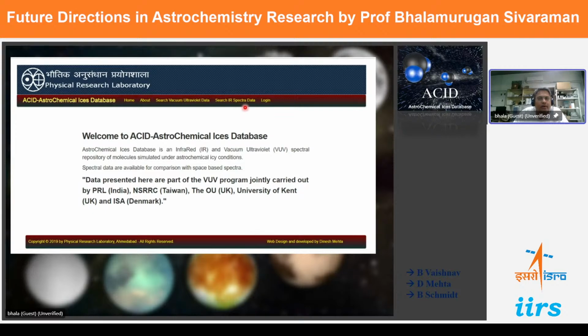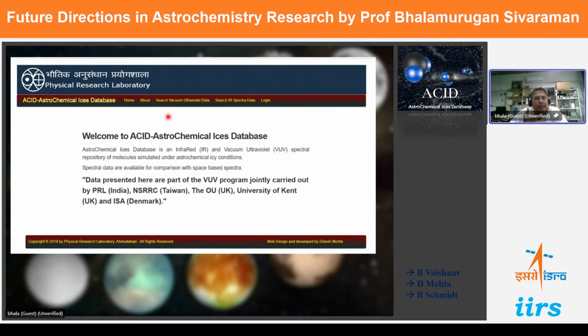Search for it and search for spectral data. You don't need to log in. Login is only for the data provider, not for those who want to look at the data. These are data in the infrared and the vacuum ultraviolet, which you can download and play with.